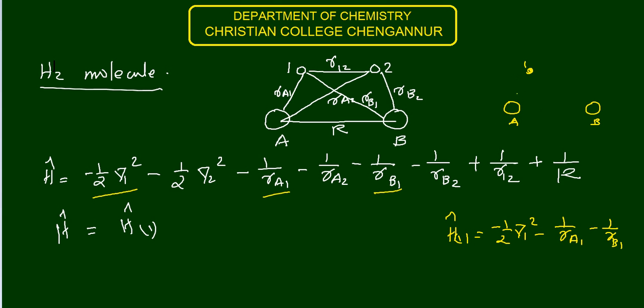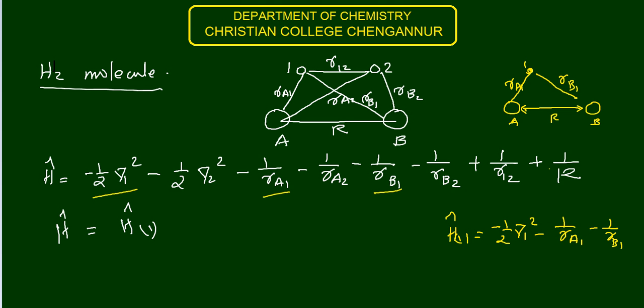In this case, there is no electron repulsion. Okay, this is R, and this distance is RA1, and this distance is RB1. So if we are considering the Hamiltonian for this system, then the Hamiltonian will be the kinetic energy part, minus half del 1 square.